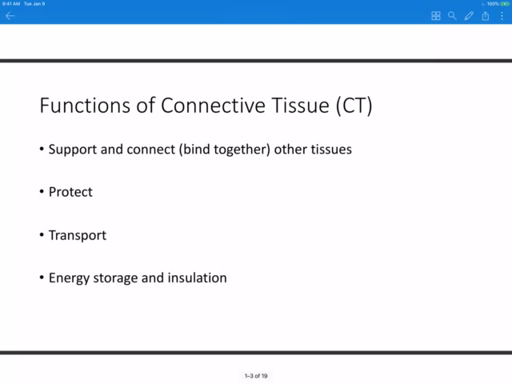Connective tissue can also serve to transport, such as the blood and the lymph, both of which are fluid connective tissues. They contain gases, nutrients, hormones, waste, and they transport those things from one place in the body to another. And then connective tissue can serve to insulate the body and store energy.